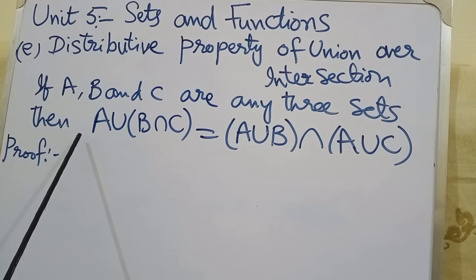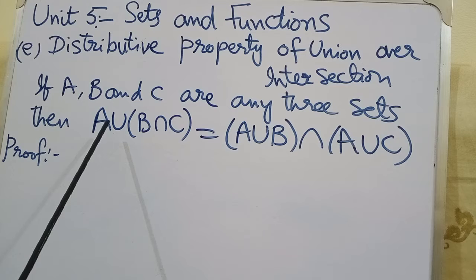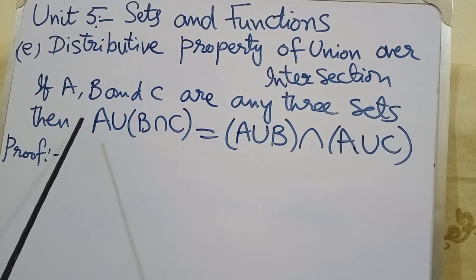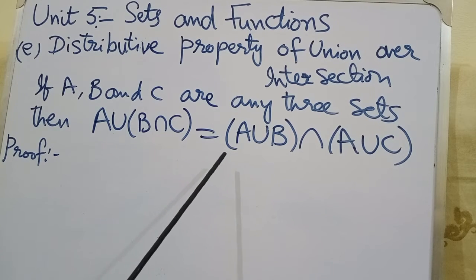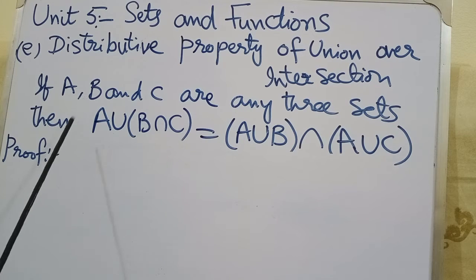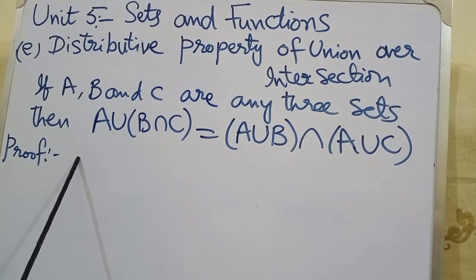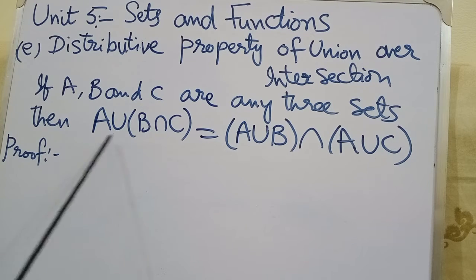So we will try to prove that left hand side is a subset of right hand side and similarly right hand side is a subset of left hand side, and then we can say that left hand side is equal to right hand side.